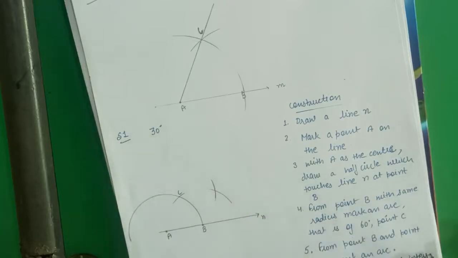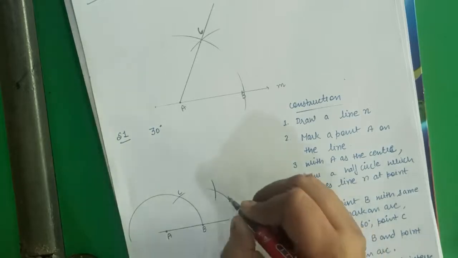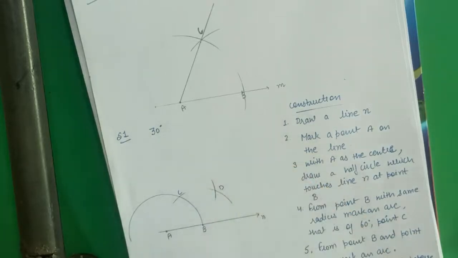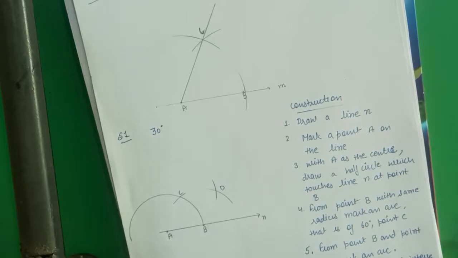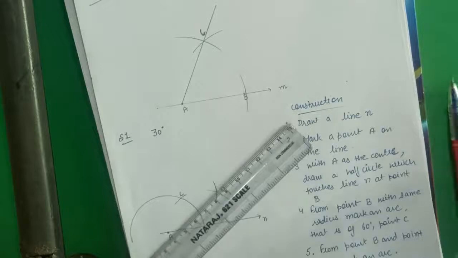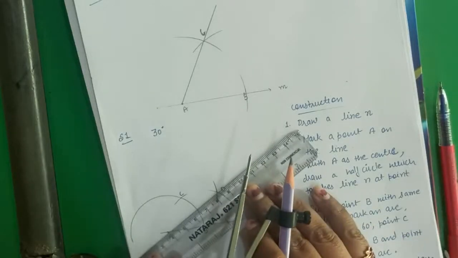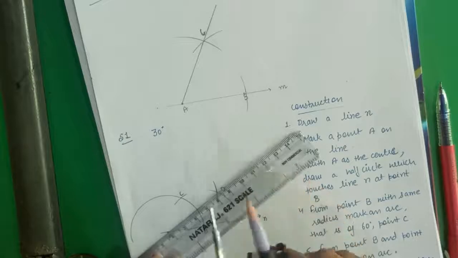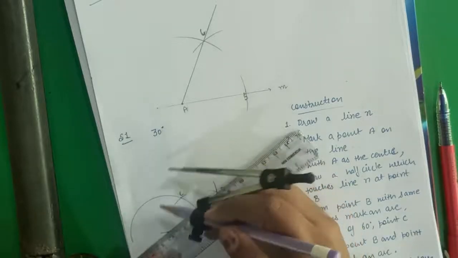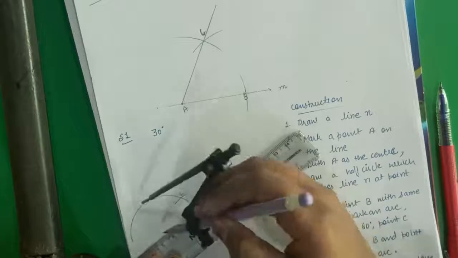Here they cut, the point of intersection of the two arcs, I am naming D. The seventh one is join point A and D with a ruler. Now join these two with the help of the ruler. Like this one.